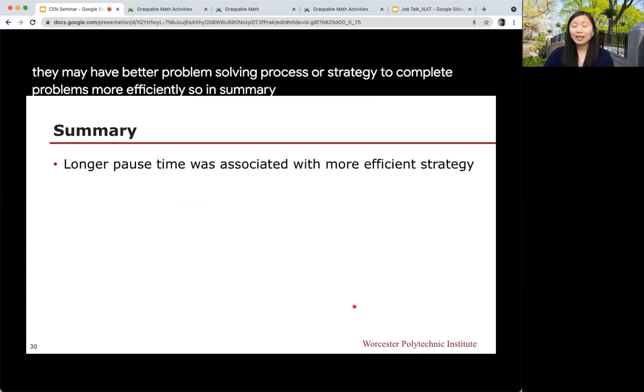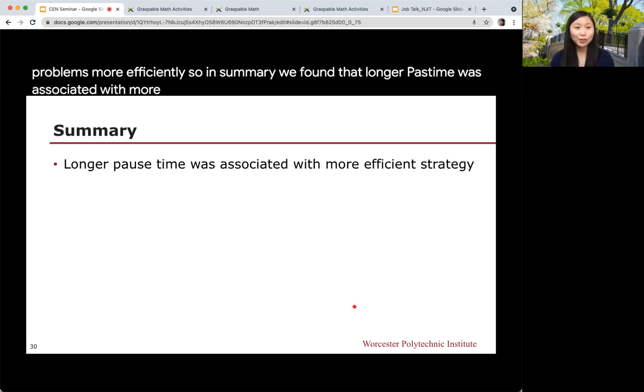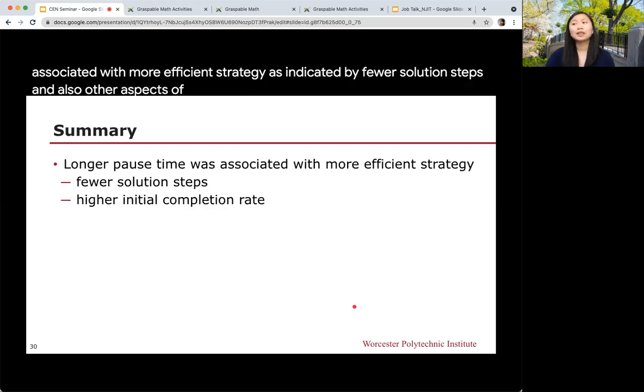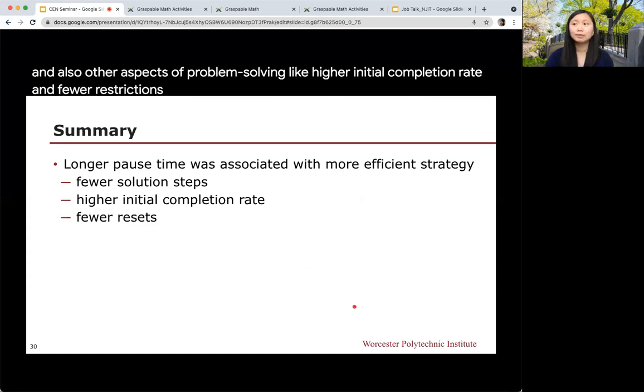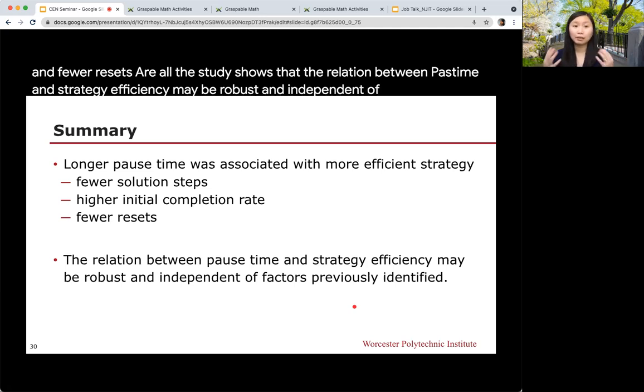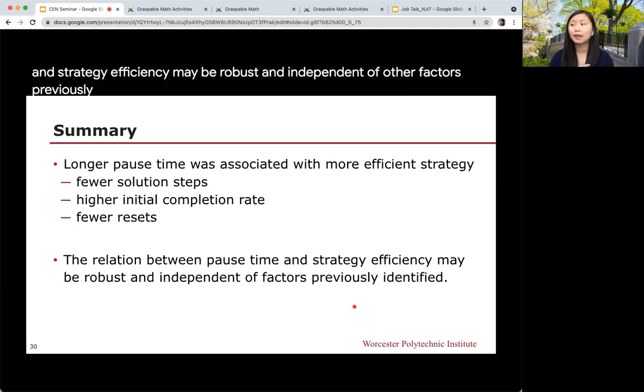So in summary, we found that longer pause time was associated with a more efficient strategy, as indicated by fewer solution steps, and also other aspects of problem solving, like higher initial completion rate and fewer resets. Overall, this study shows that the relation between pause time and strategy efficiency may be robust and independent of other factors previously identified.